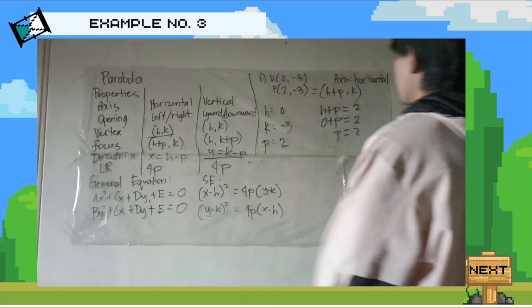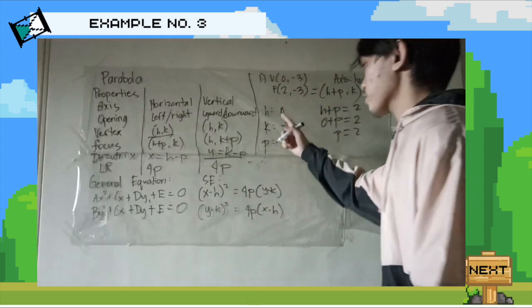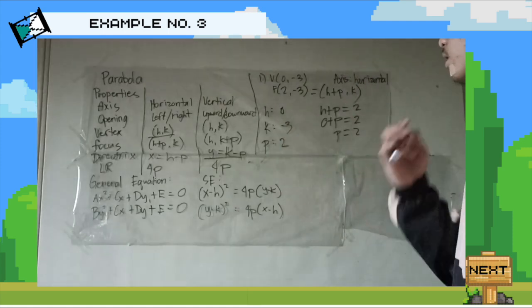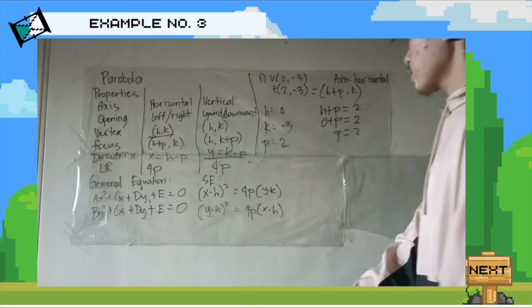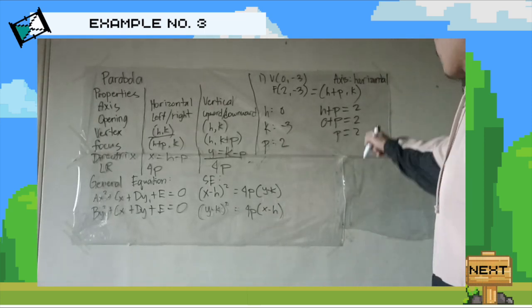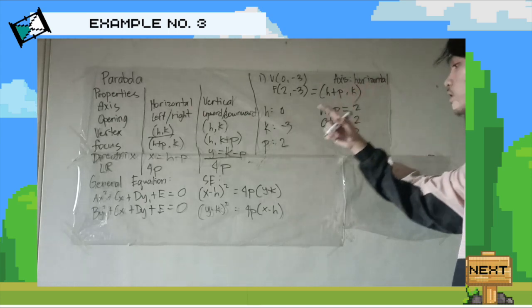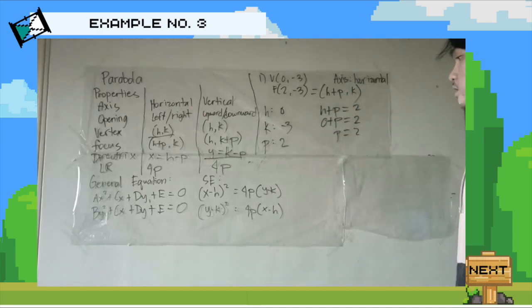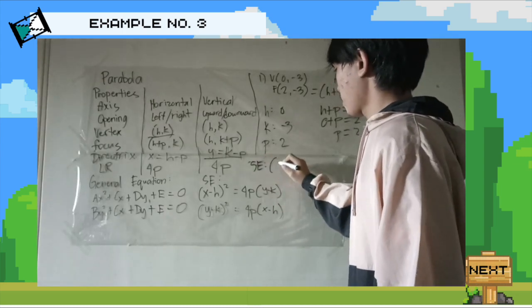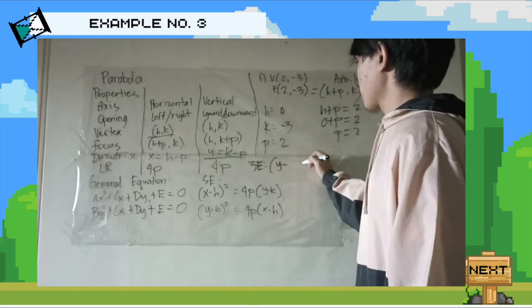Okay. Now that we have completed the HKP components, we can now substitute them in the standard equation. But before that, take note that our axis is horizontal. Therefore, the horizontal standard equation is what we will use in this situation. So standard equation is y minus k. So what is our k?